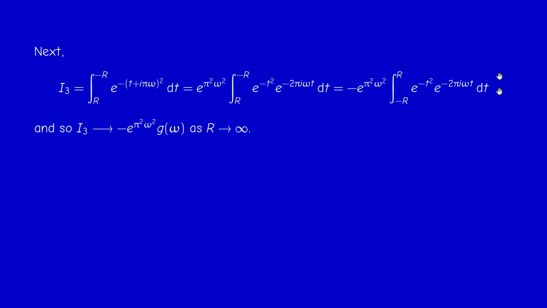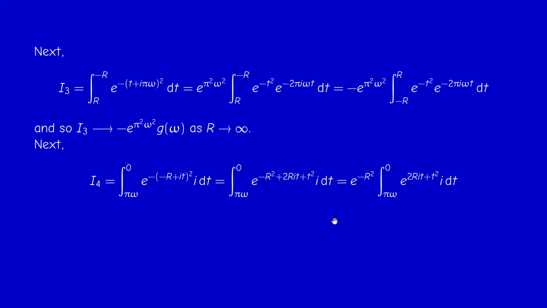What happens when r tends to infinity? This, by definition, is the integral from minus infinity to infinity of this function, which is by definition the Fourier transform of e minus t squared, which I call g omega. You write it f hat of omega. So I3 converges as r tends to infinity to my unknown number. I don't do anything more here, but I have to recognize that this is the integral I'm searching for.